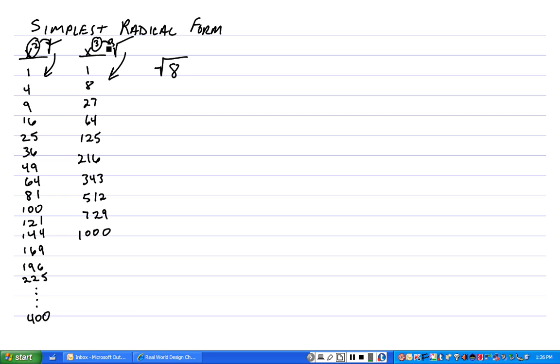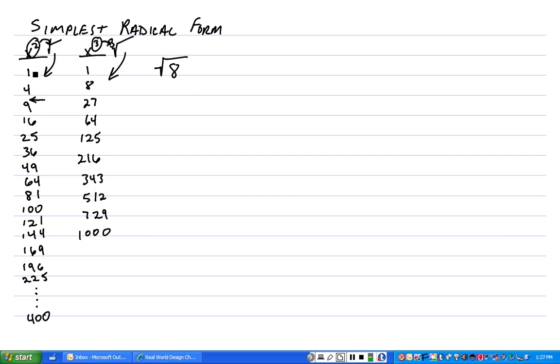Okay, so we have the square root of 8, so that means I want to look at my list of perfect squares over here, and I want to find the biggest factor of 8, if at all possible, that fits on this list. Well, I know 8 fits in here, so it'd have to be one of these two factors.